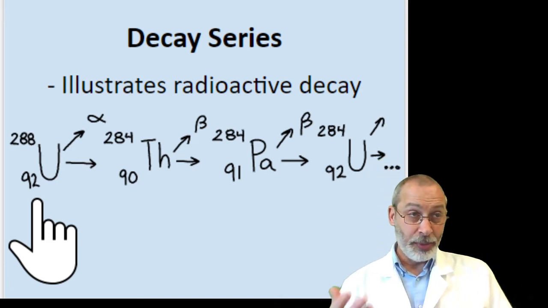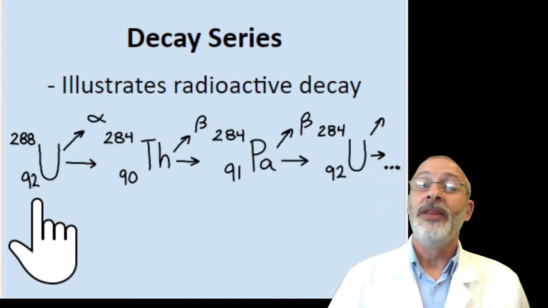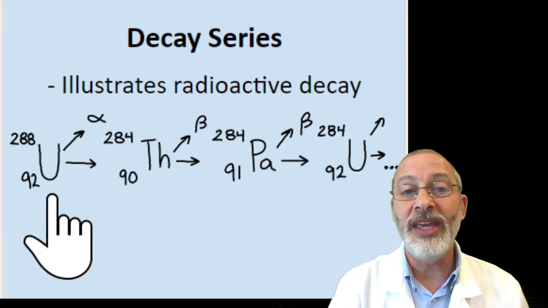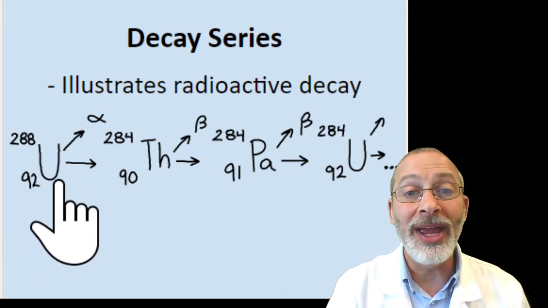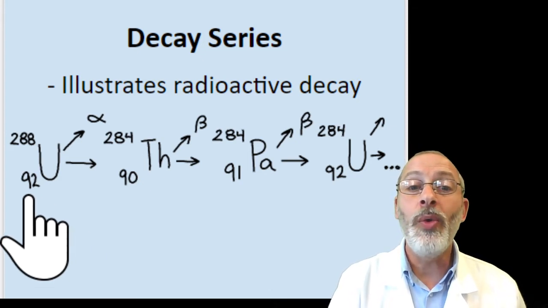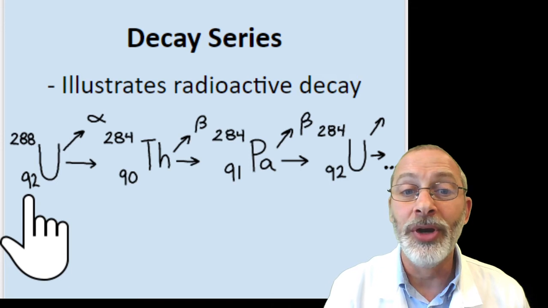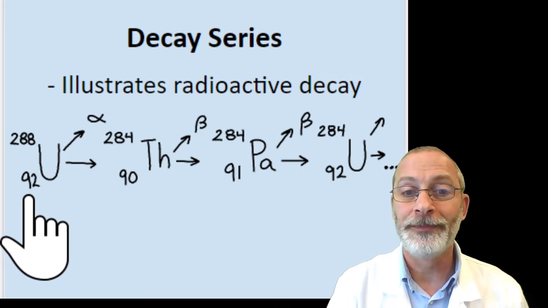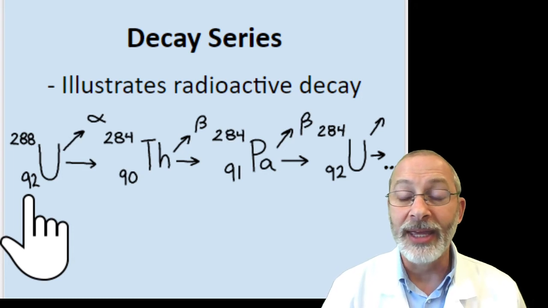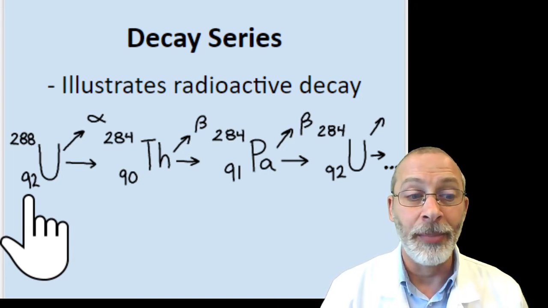If you look at the periodic table, the atomic number identifies the element. So uranium, no matter what isotope you're talking about, always has the atomic number 92. That's how you identify elements, by its atomic number.